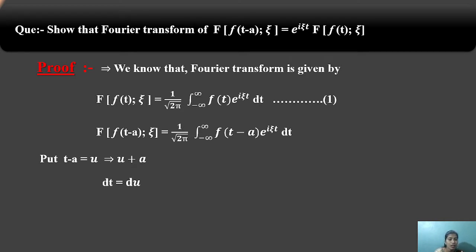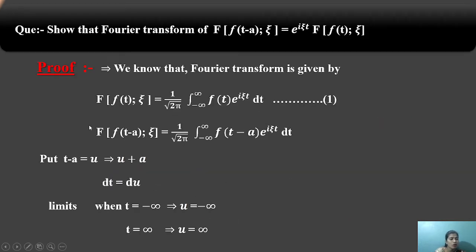First of all, we change t to t minus a in the formula: 1 upon square root of 2 pi, integration from minus infinity to infinity, f(t minus a) e to the power i xi t dt.